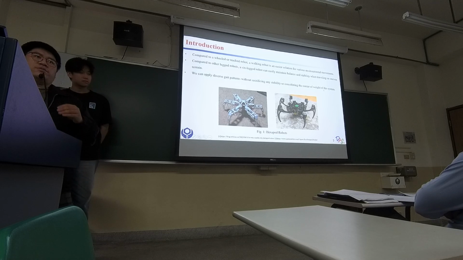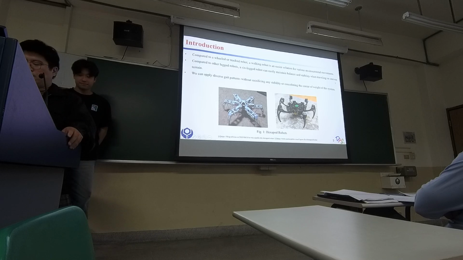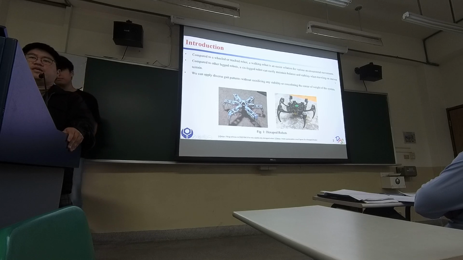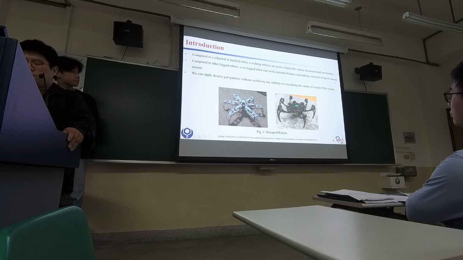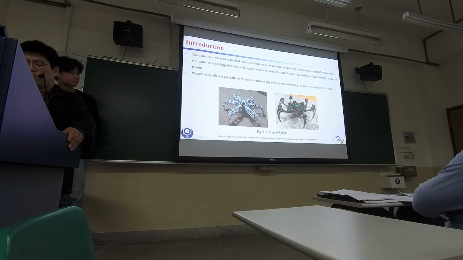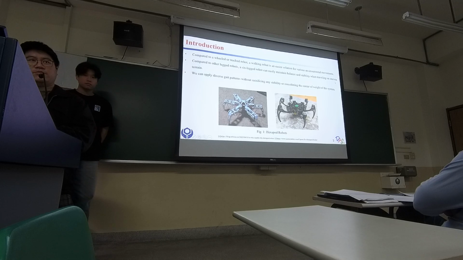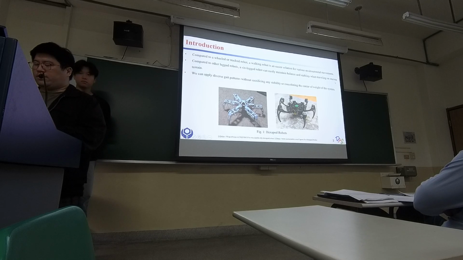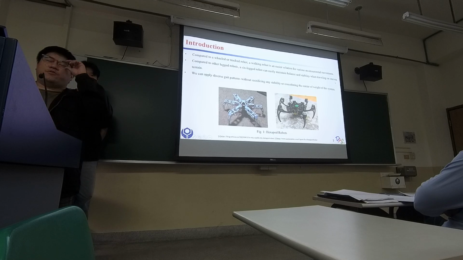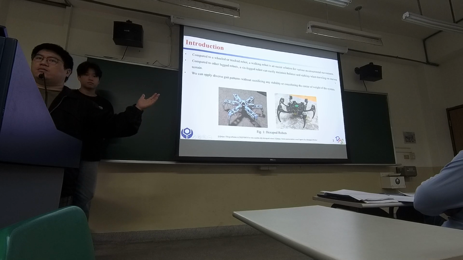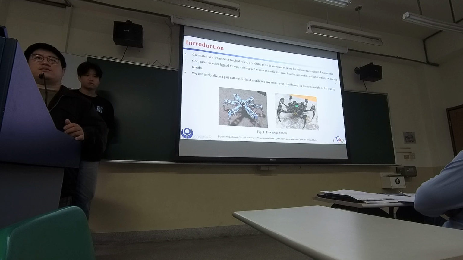So the solution might be walking robots, which can be categorized into multiple classifications. By the number of legs, we can have bipedal robots, which have 2 legs, tripod robots, which have 3 legs, and then quadruped robots, which have 4 legs, and our subject today, the 6-leg robot, hexapod.